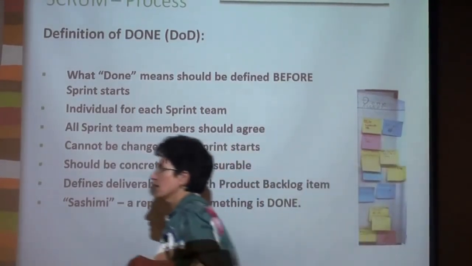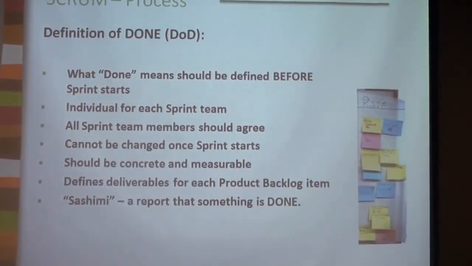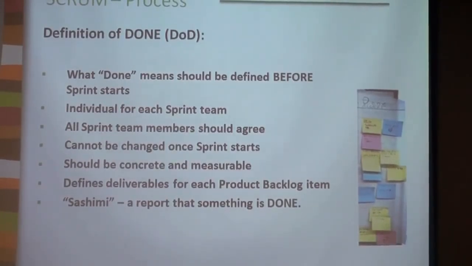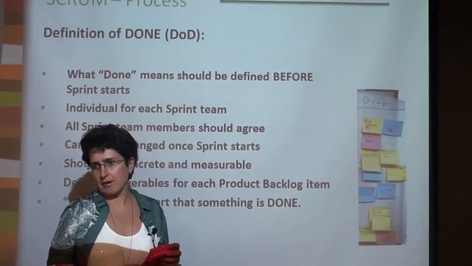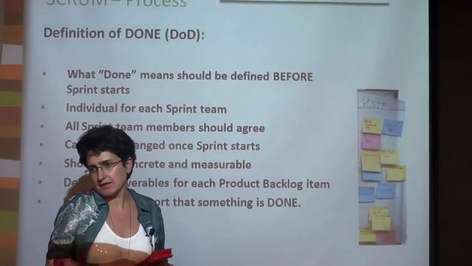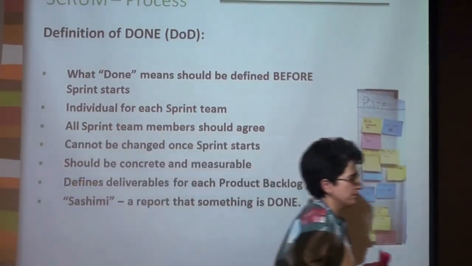For example, these are the items that we did already, this is our sashimi. So that means these items are done, right? It's typical for Scrum, just the slang that people use, sashimi.